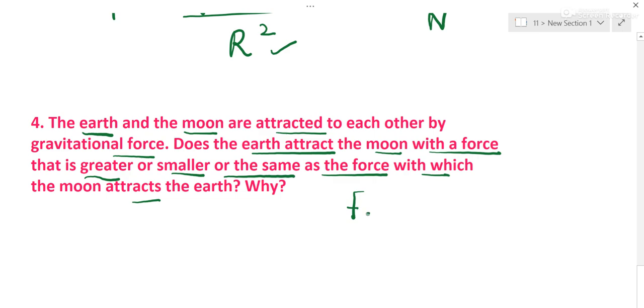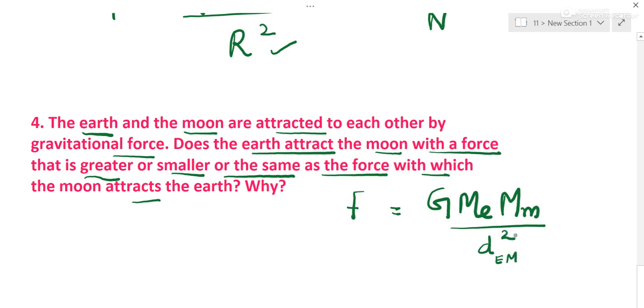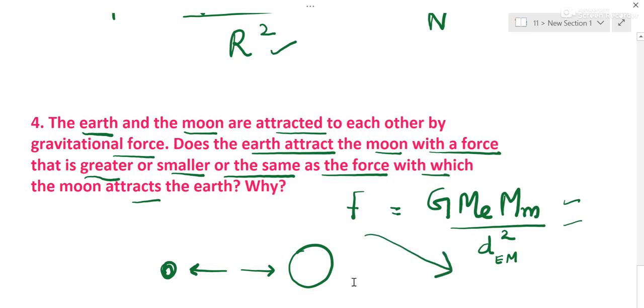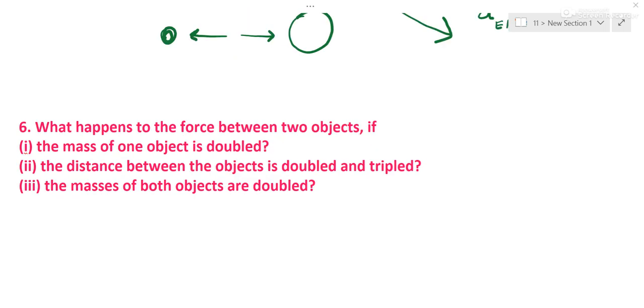Both are attracting each other with a force equal to capital G, mass of Earth, mass of Moon, by the distance between Earth and Moon square. So both are exerting this force towards each other. Moon is pulling Earth towards itself and Earth is pulling Moon towards itself with this much force. That is the law.